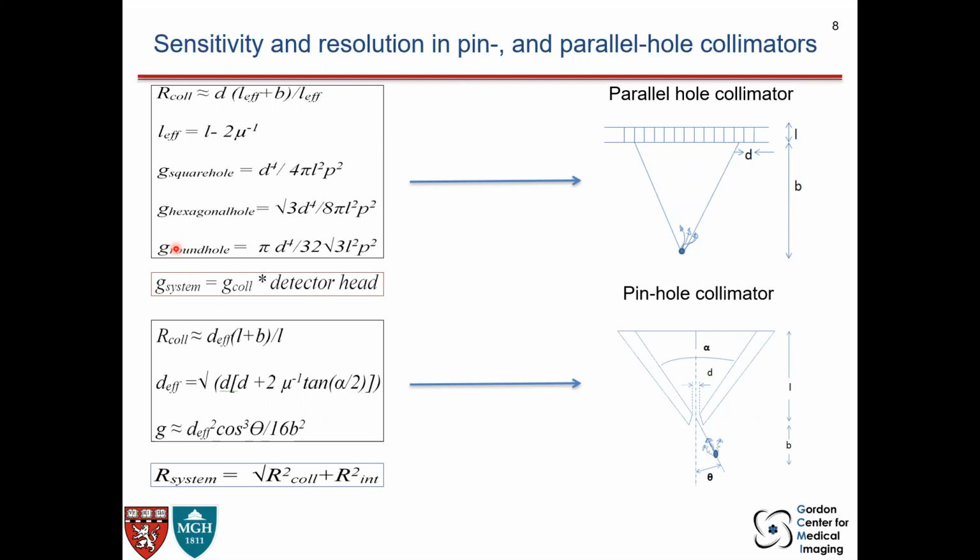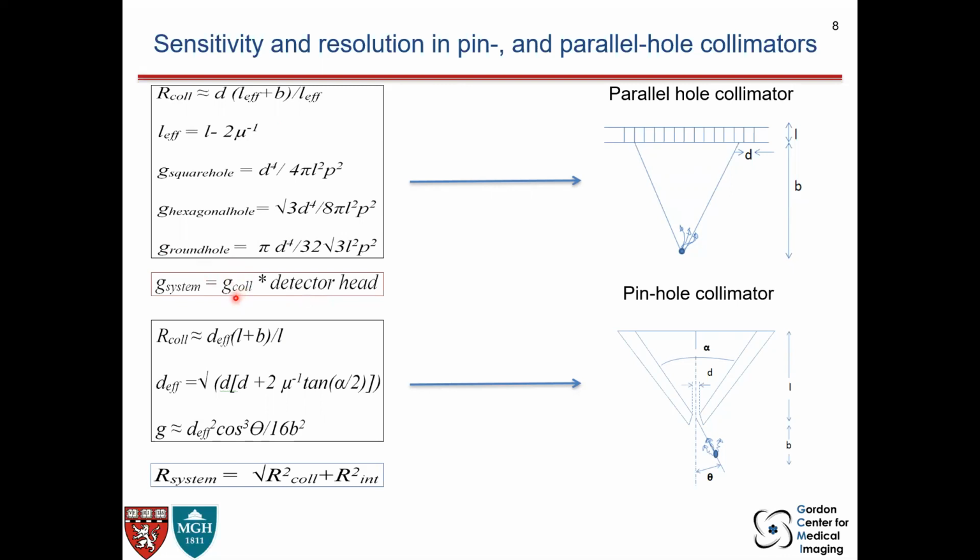Because remember, the sensitivity of the system is a very important metric that comes with any SPECT or gamma camera. There you have geometric sensitivity and also detector sensitivity, because detector sensitivity is a function of the absorption capability of the detector.